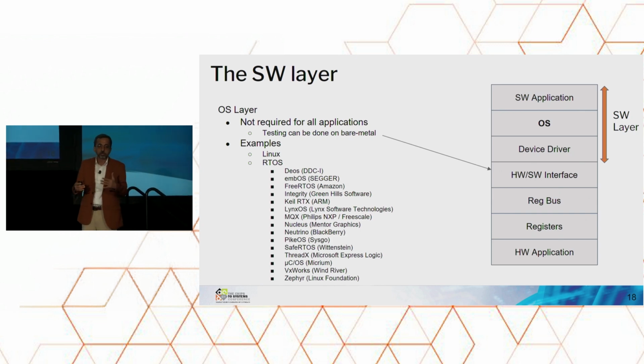On top of the embedded hardware, you could just directly run bare metal, but sometimes you need the OS for additional capability, like for example a file system, or you have a real-time OS, where you need to be very specific about the time you respond. You've got multi-threading and those types of things. So that is OS, but then you can do the testing directly on the hardware-software interface, right?